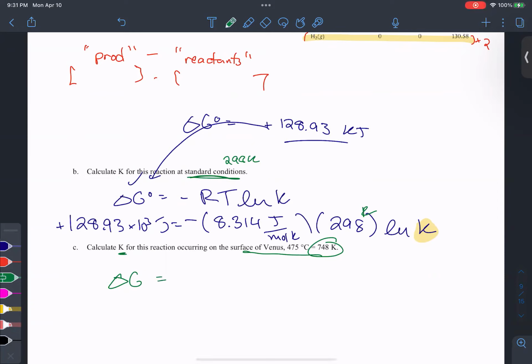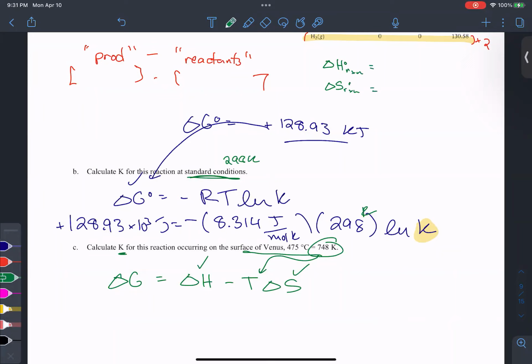To do that, we go back to the equation delta H minus T delta S. We have a new temperature, we're going to plug that in. We already know delta H and delta S, assuming those values don't change with temperature, and we'll get a new delta G value at this new temperature. So now I have to tell you what delta H and delta S are of the reaction when we did products minus reactants.